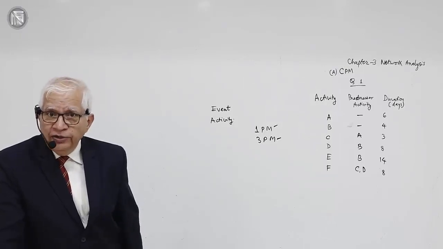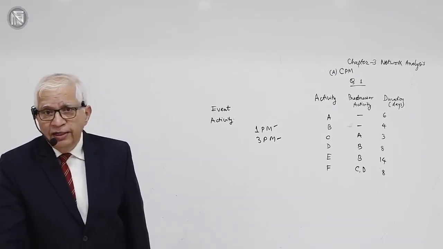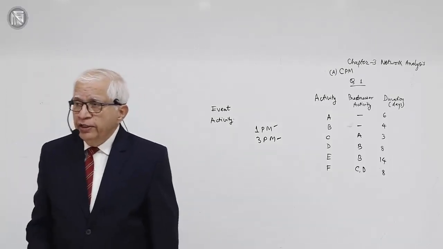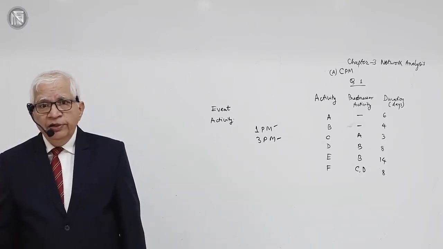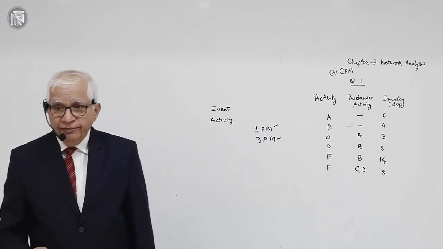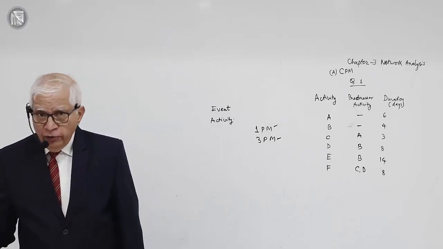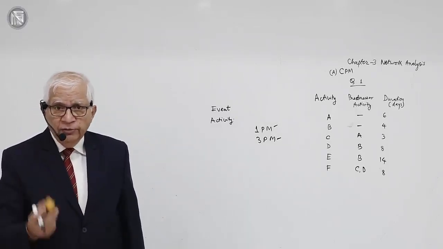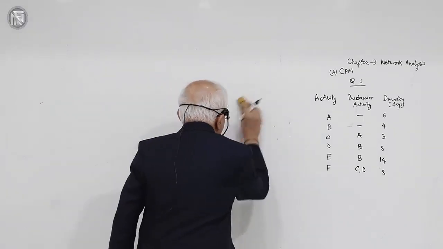It commences at 1 p.m., ends at 3 p.m. So 1 p.m. is an event, 3 p.m. is an event, and the name of the activity is video lecture. This is shown symbolically like this. If I was to show this video lecture in terms of the network diagram that we are going to draw, I will show it like this.